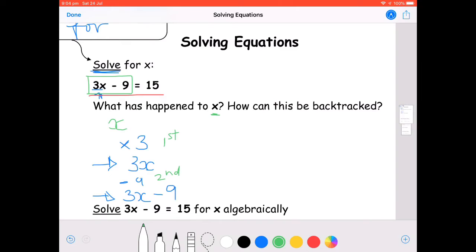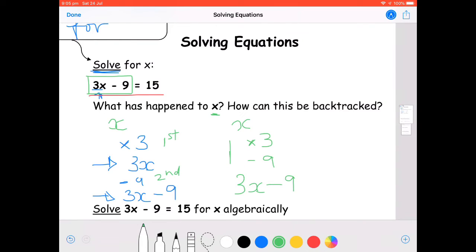So I'm going to write that again a little bit neater over this side here. We started off with x, and then we multiplied by 3, and then we minus 9, and that got us to 3x minus 9.